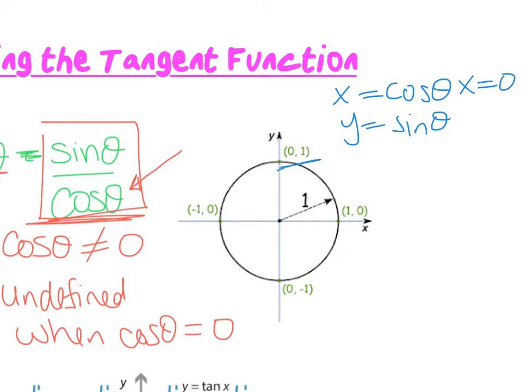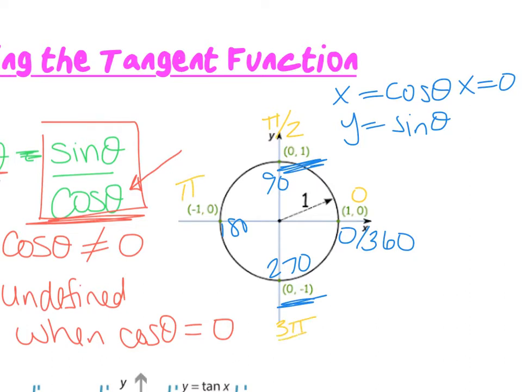And that happens right here and right here. So this is 0 degrees, 90 degrees, 180, 270, and back to 360. In radians, we can change this to 0, pi over 2, pi, 3 pi over 2, and 2 pi.